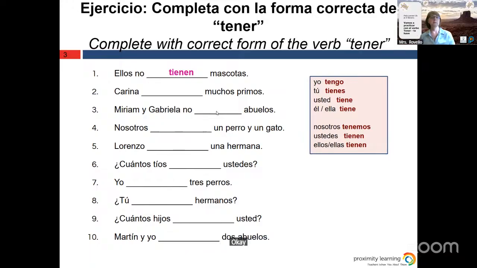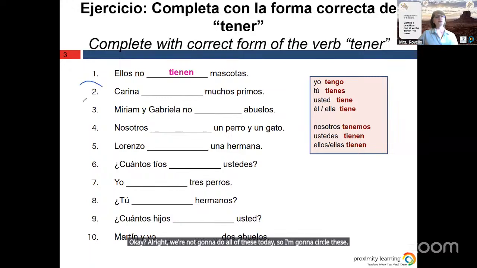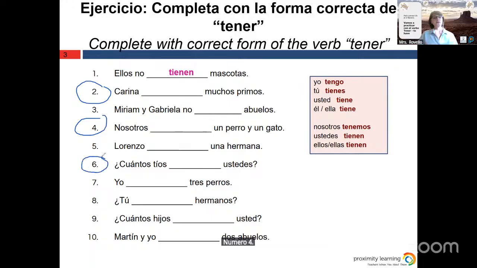Okay. All right. We're not going to do all of these today. So I'm going to circle the ones I want you to do. We're going to do número dos, número cuatro, seis, siete, let's do ocho y 10.